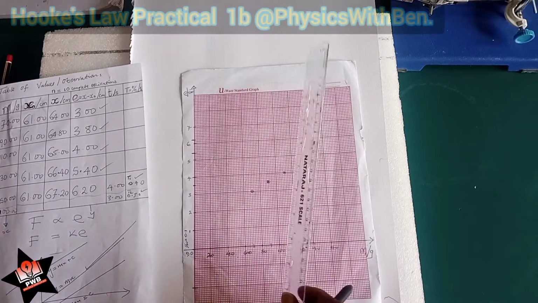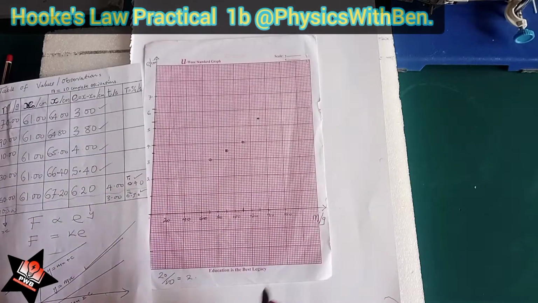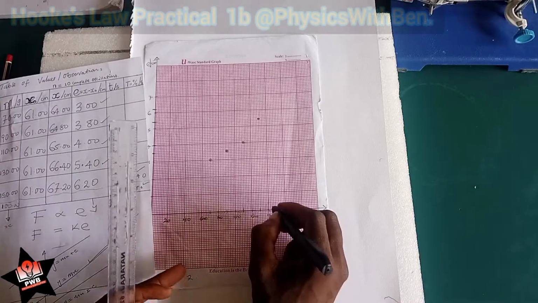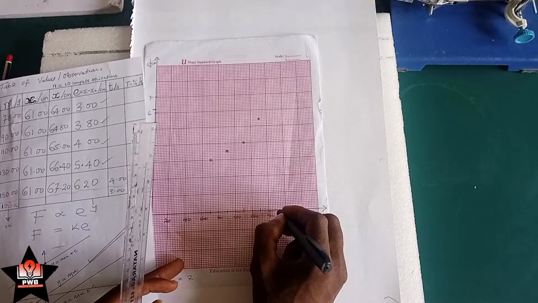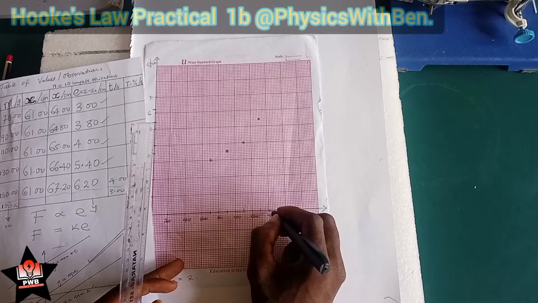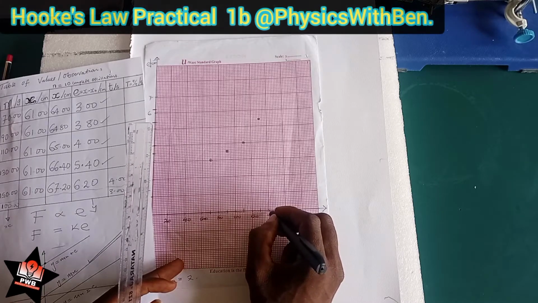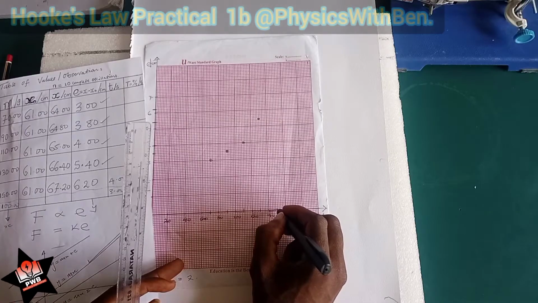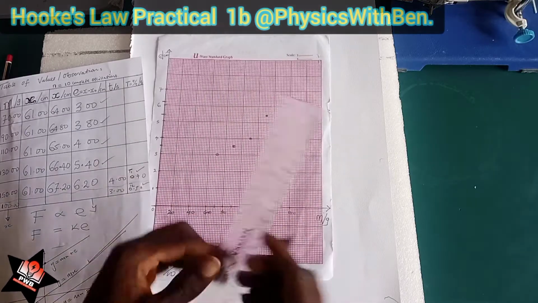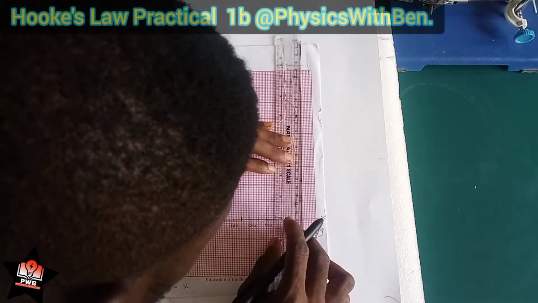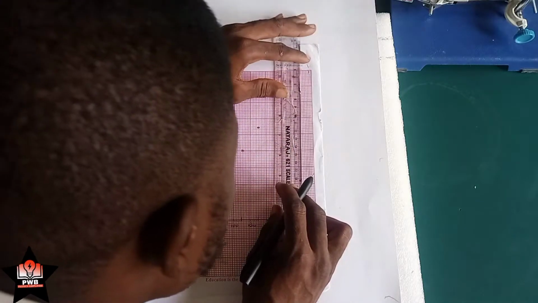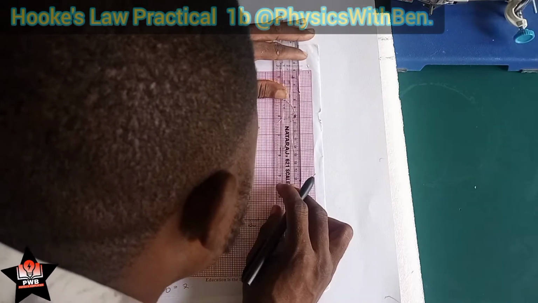So this is 6.2. 6.2 against 150. 150 is halfway 140. So this is 1, 2, 3, 4, 5. This is 150. So you trace it up there. You use your ruler so that you don't miss the points.